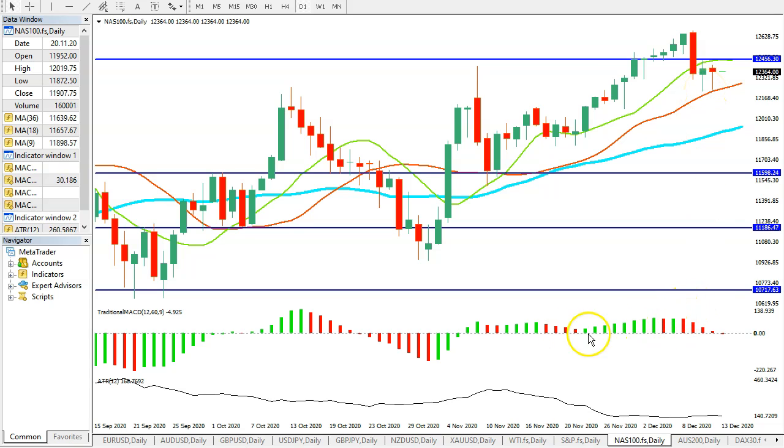But we are also starting to get some divergences here with a MACD dropping, so we are not sure if this trend will move further up. We would expect to find a strong resistance around here.